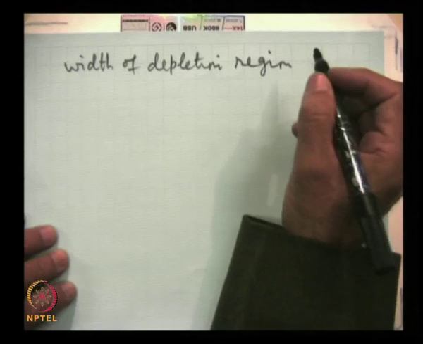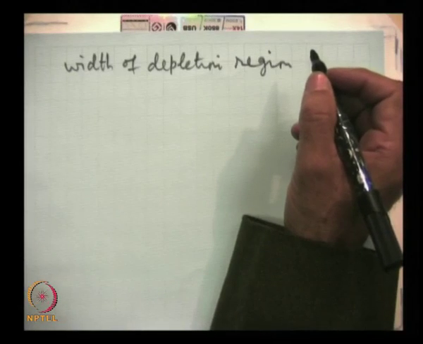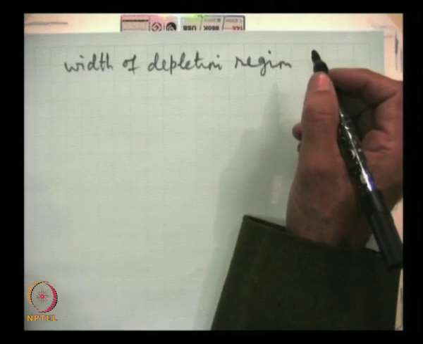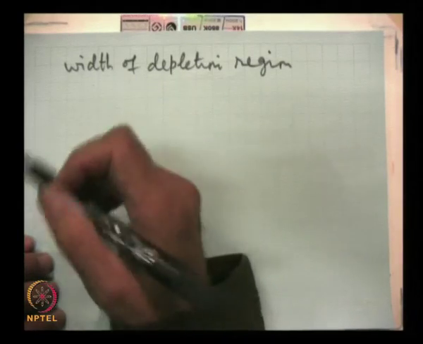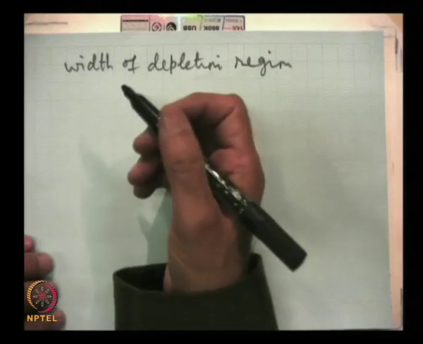The width of the depletion region, it was said earlier, is a function of the applied voltage, and it increases with the reverse bias voltage. As we increase the reverse voltage, the depletion width increases.